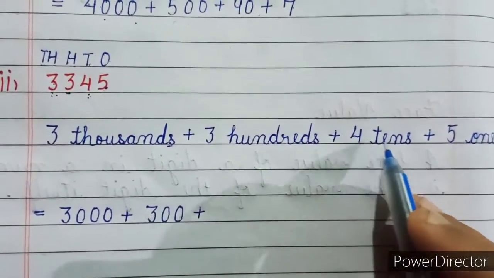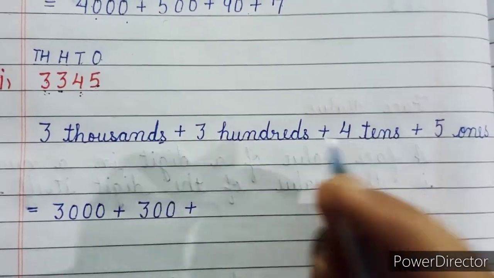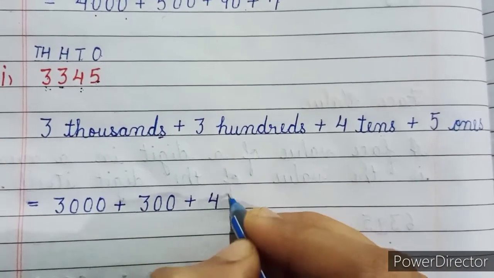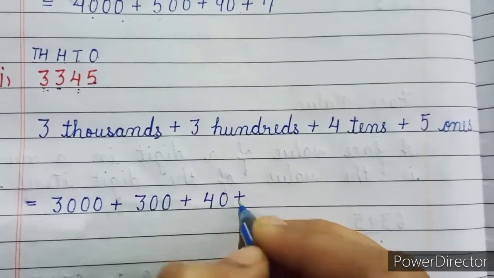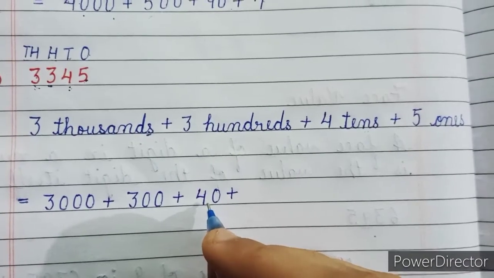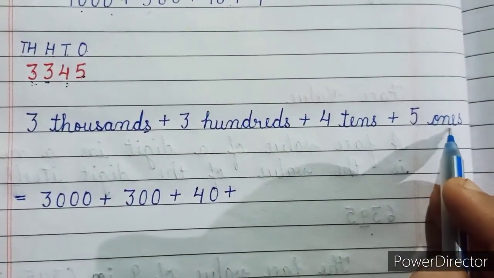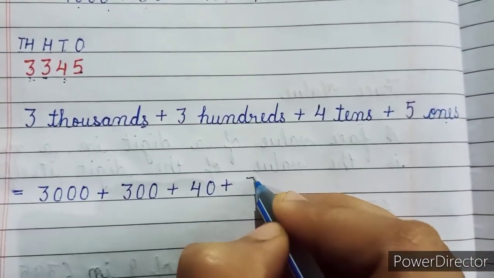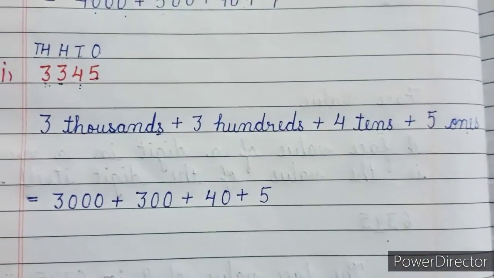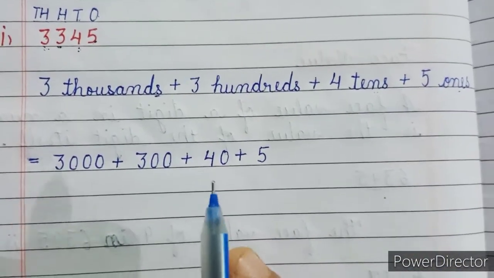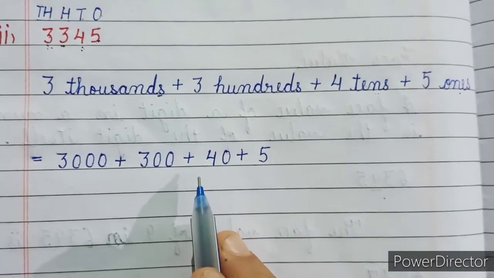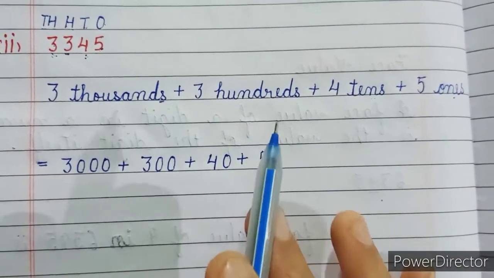We have 4 tens, so 40. We have 5 ones, so plus 5. Children, you must have understood it easily now.